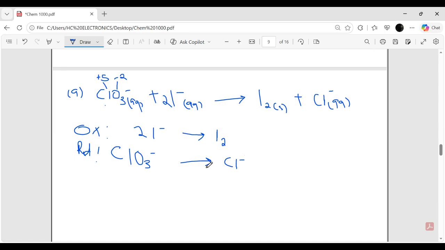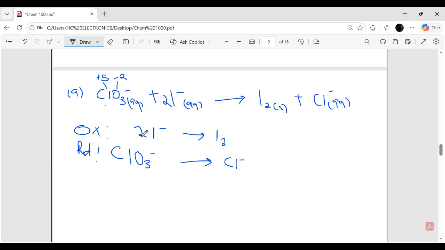Now for the oxidation one, we just check, because don't forget, oxidation is loss of electrons. So whenever we find the difference in the electrons on the left and the right, for oxidation we add them to this side, then for reduction we add them to the other side.